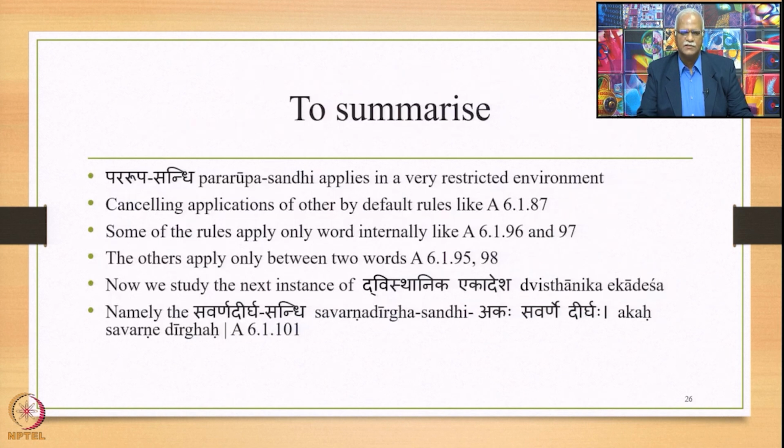To summarize, we have studied pararupa sandhi, and we noticed that pararupa sandhi applies in a very restricted environment. So pararupa sandhi cancels applications of other by default rules like 6-1-87 and 88.